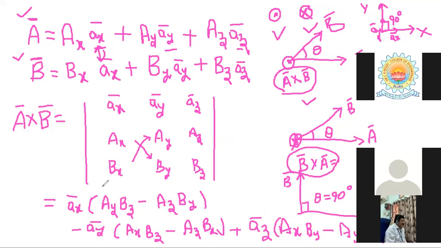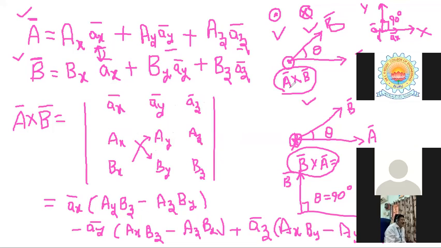Simply Ax bar into the determinant of this one, minus Ay bar into the determinant of Ax, Az, Bx, Bz, and Az bar into the determinant of this 2 by 2 matrix, Ax By minus Bx Ay. So this is the answer for a cross product between two vectors.